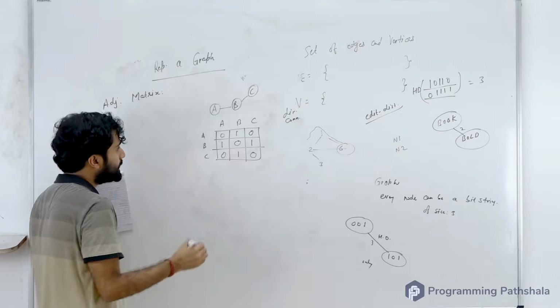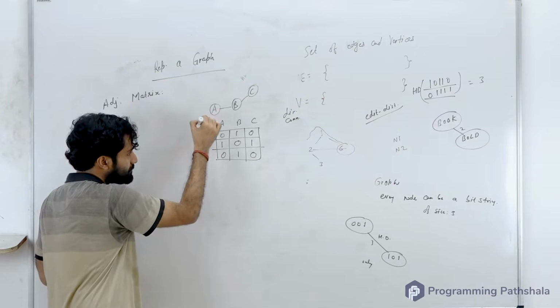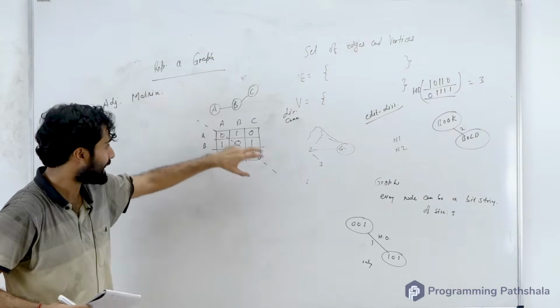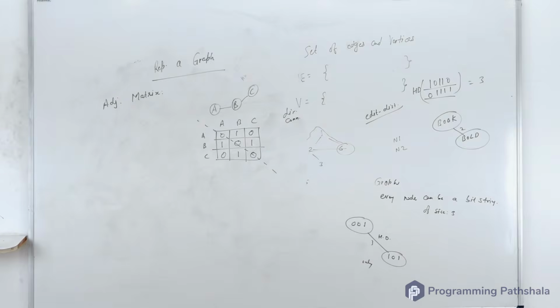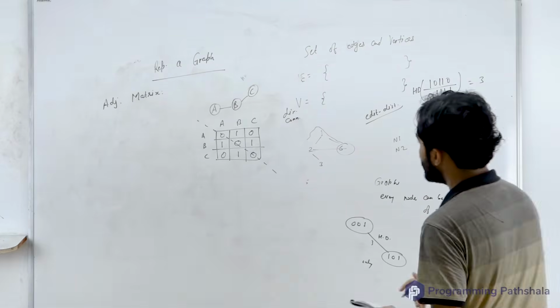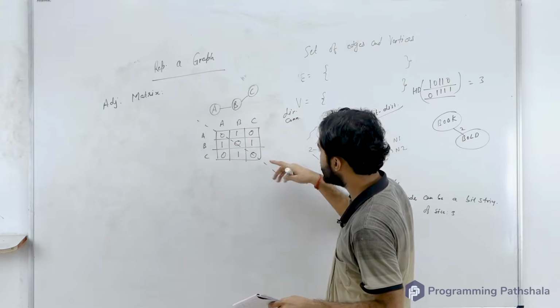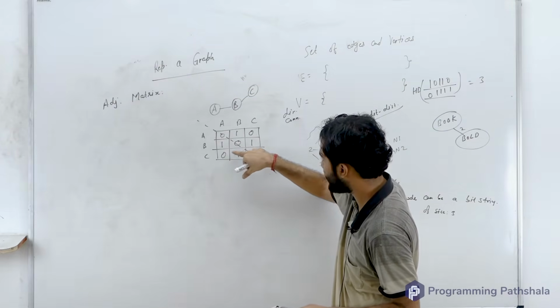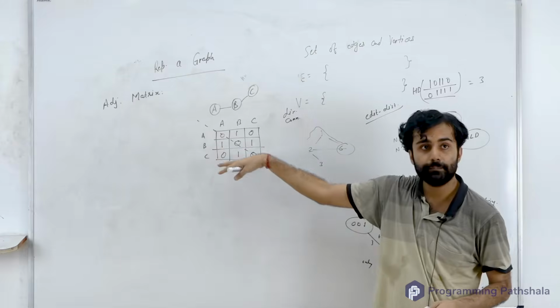Okay, now do you see some uniqueness? Do you see something with respect to this diagonal? Yeah, so this adjacency matrix is a symmetric matrix. Basically if you put a mirror over here, you will see that whatever you get in the upper triangular part, the lower triangular part is the mirror image of that.